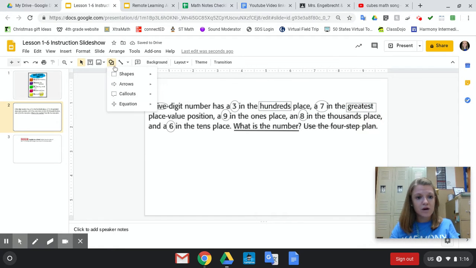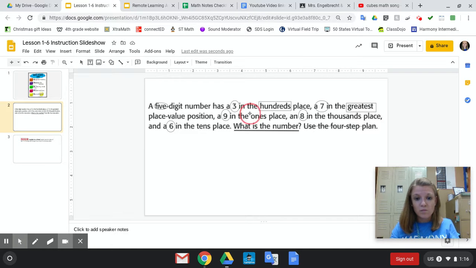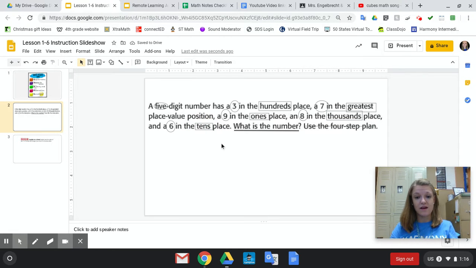I'm going to box ones. That's another place. And I see thousands. I should probably box that. Boom. Oh, and tens. So in this case, this is a place value word problem. So I'm looking for things dealing with place value, and I think I found that.